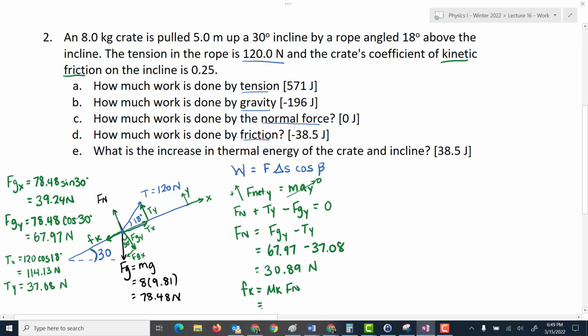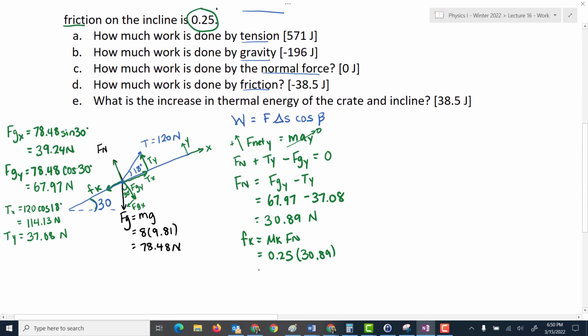The coefficient of kinetic friction was given to us, 0.25, times the normal force, which we just found was 30.89. And when we multiply those, we get 7.72 newtons.